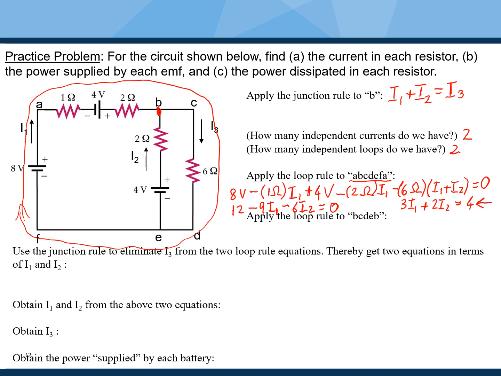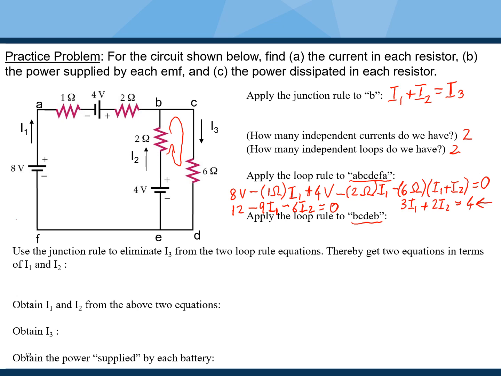Let's now go ahead and erase this loop that we have considered and draw, as it were, the next loop that we've been asked to consider, which is BCDEB. So we're going to consider this long skinny loop and traverse it like this. Okay? So for this loop, through the 6 ohm resistor, we are traversing it in the traditional direction.